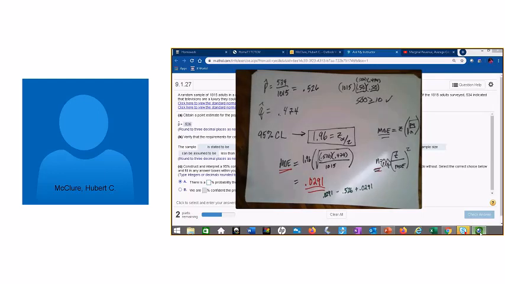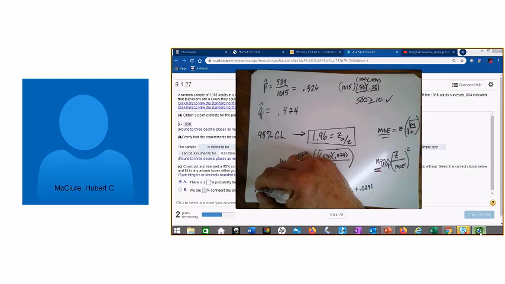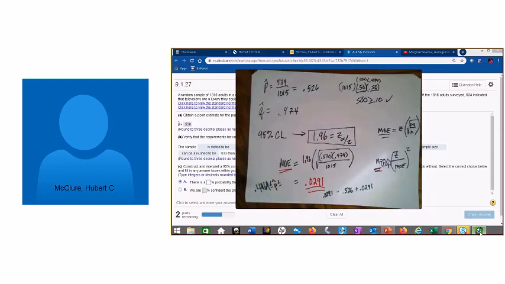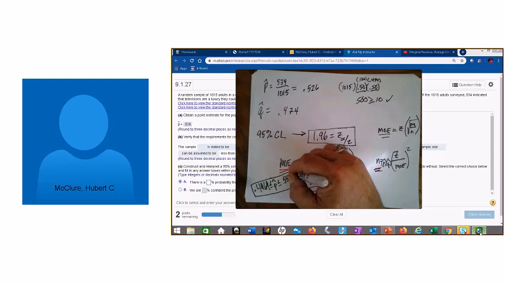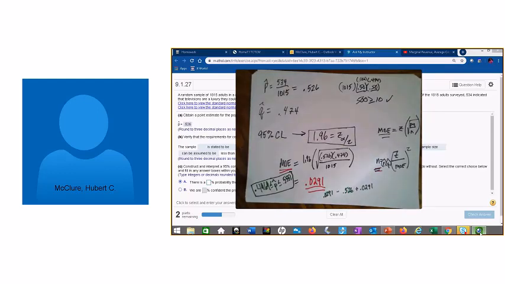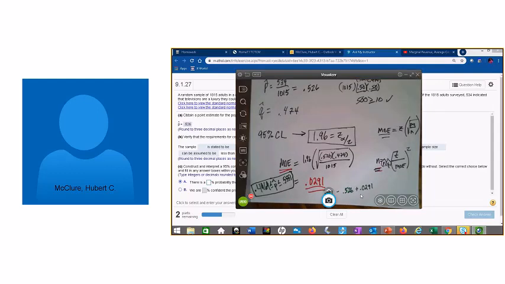So 0.4969 is less than or equal to P hat, which is less than or equal to, and then we did this in class, 0.526 plus 0.0291, 0.5551, and that is your confidence interval. I don't know if that's what they're wanting or not, but it looks to me like that's what they're wanting.